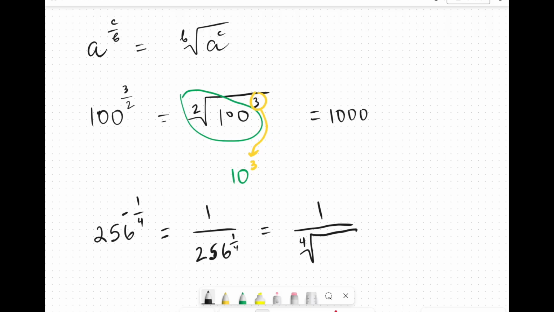It's going to be the 4th root of 256 to the power of 1. So I will go ahead and find the 4th root of 256 first, and that is a 4. So you're working with 1 over 4 to the power of 1, and 4 to the power of 1 is just a 4, so that's 1/4.